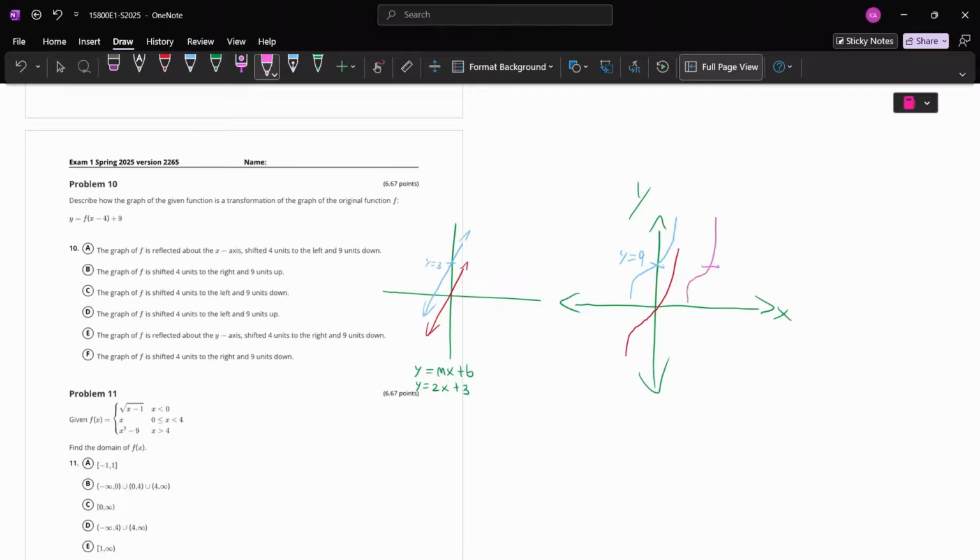So it's going to end up shifting up 9 units and then to the right 4 units because of the overcompensating thing I mentioned earlier. And so matching that with our answer choices, this is going to be answer choice 4 units to the right. Okay, B. Yeah, this is going to be B.